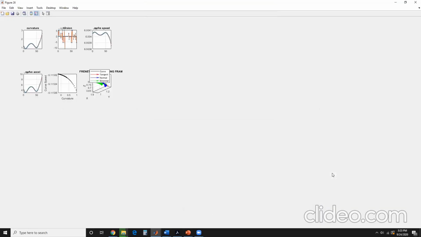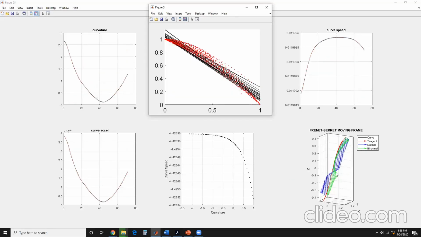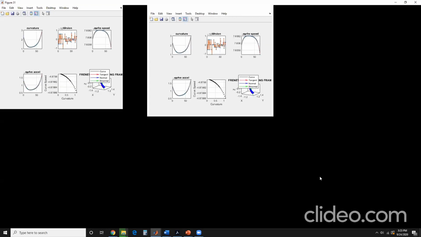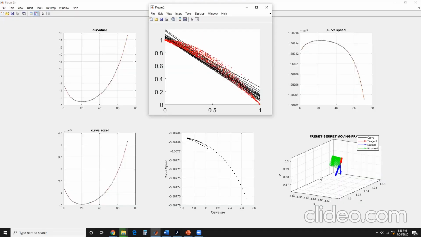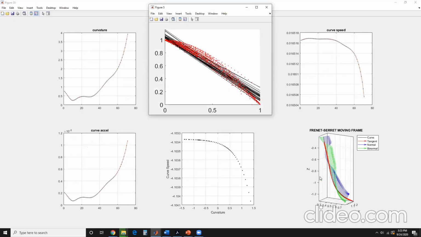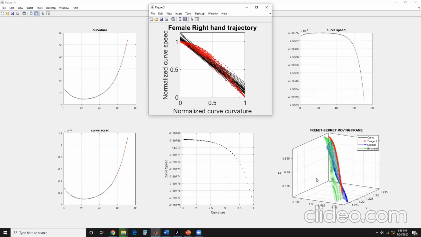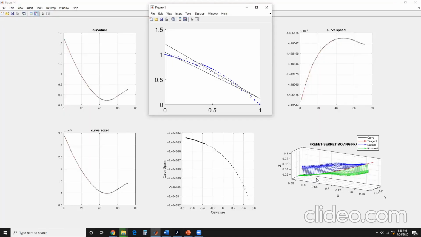But in each of the segments it's computing the curvature and the speed and the acceleration of the curve. And then it is computing the deviation from a linear fit. That's because locally, with an epsilon step, you can linearize a highly curved trajectory.